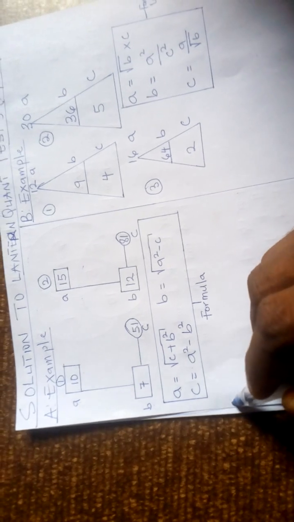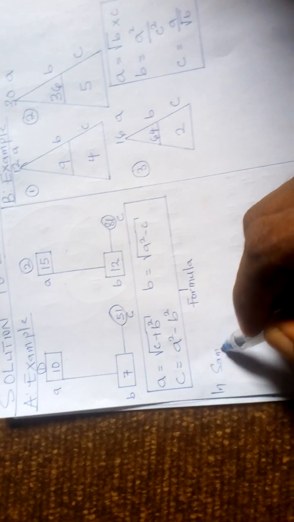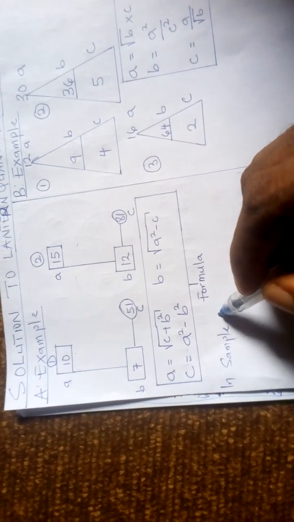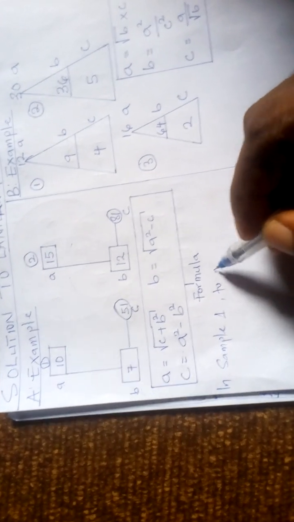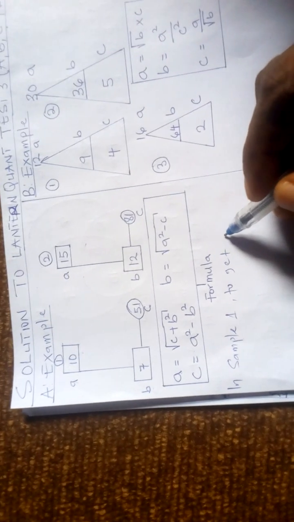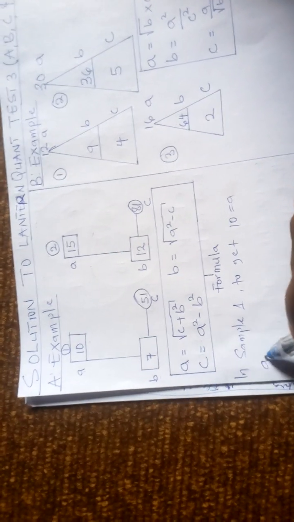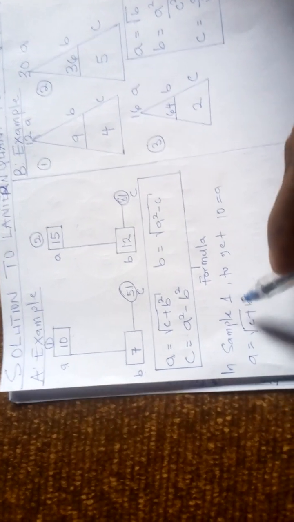We said in sample A, or in sample 1, to get A, that is 10, A is equal to, let's use the formula, the square root of C plus B squared, right?